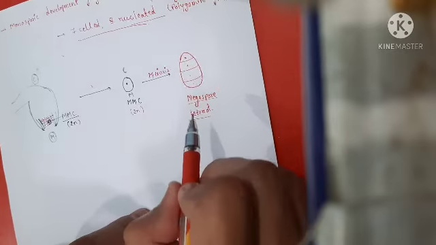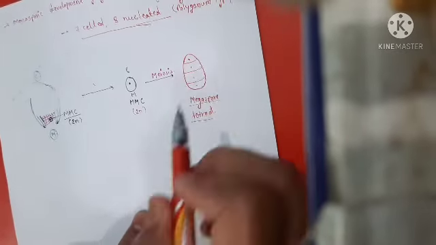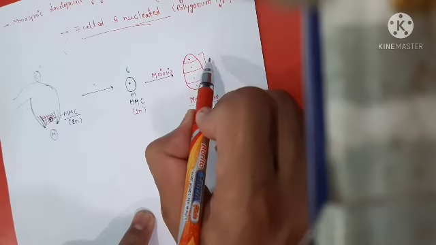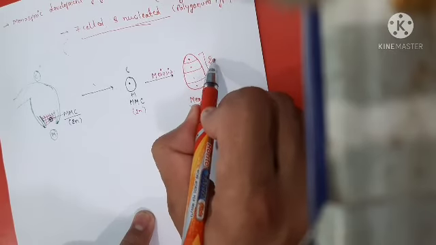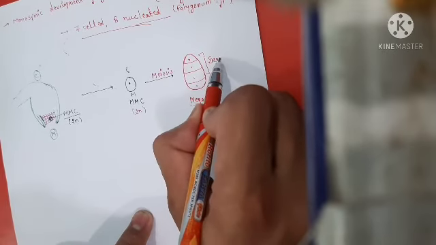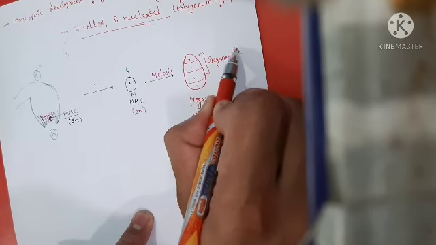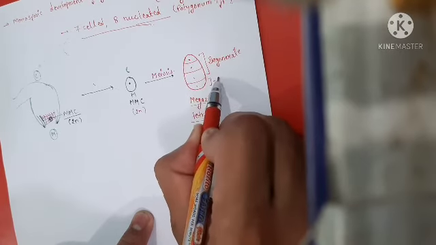So friends, what will occur here? Three cells degenerate, means they are destroyed. Only one will survive.